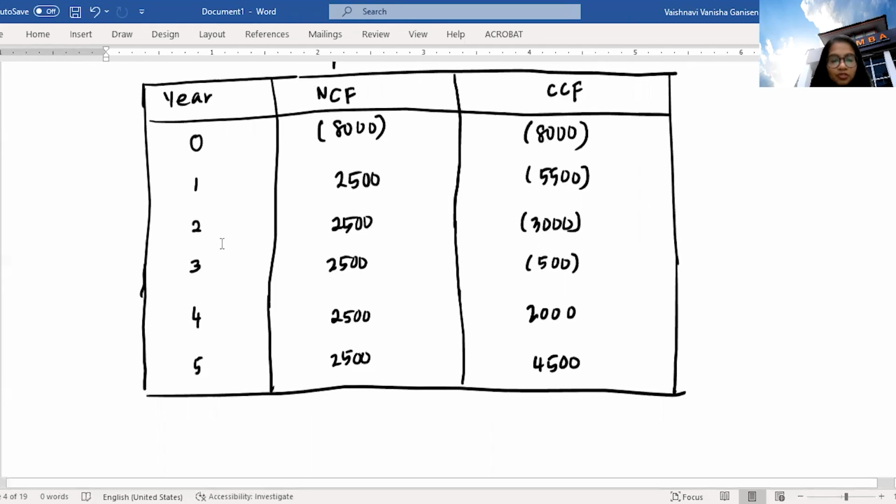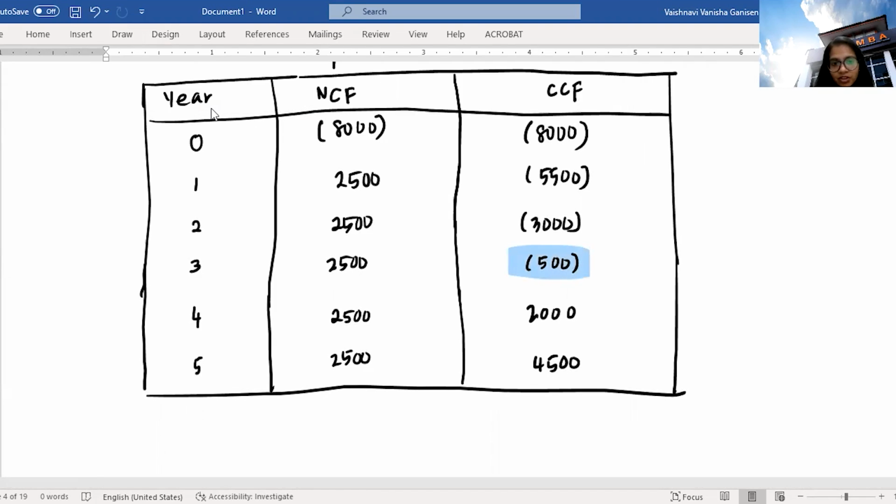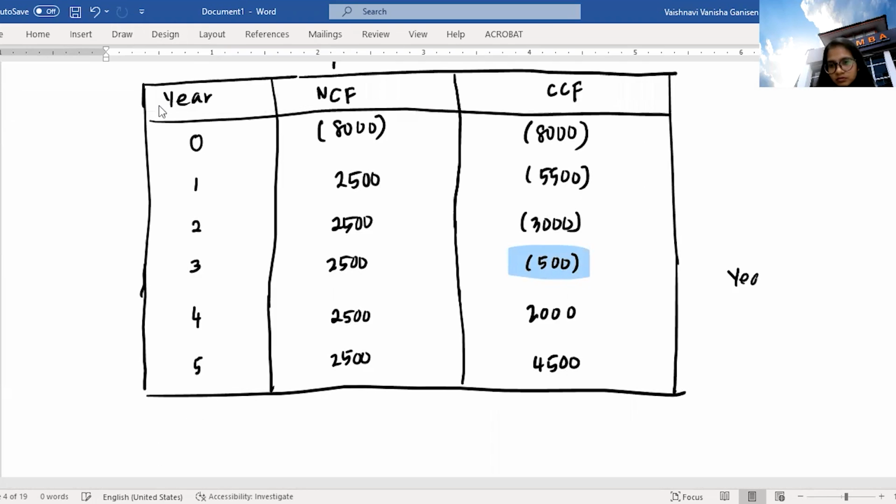So to find your payback period will be the year in which your cumulative cash flow is negative. So here the year will be in year 3.